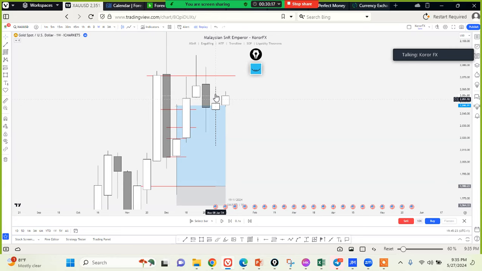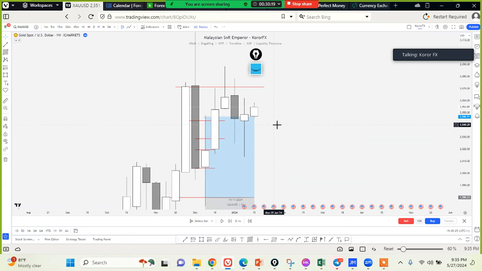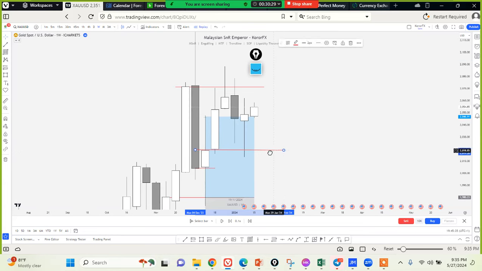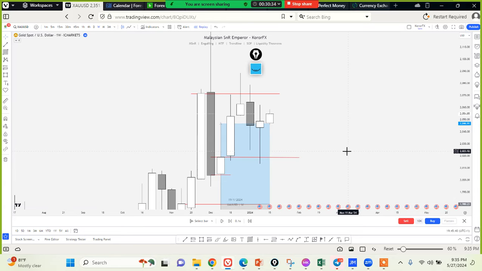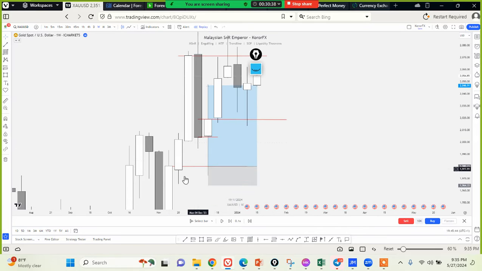So which level is rejecting? That's the question. Is it an SNR level? A gap level? On which time frame? The storyline time frame, which is the weekly.